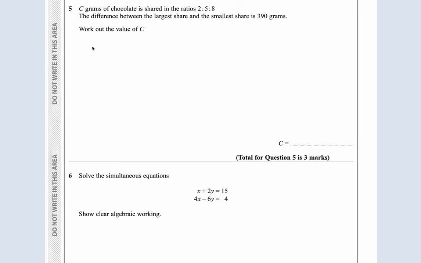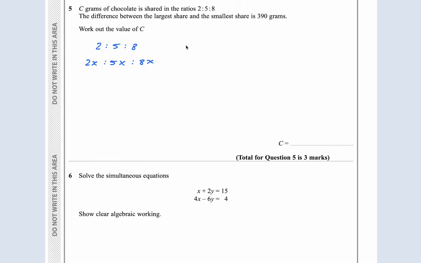Okay, so it's 2 to 5 to 8, but I don't know what to divide in this ratio. So why don't I call it 2x to 5x to 8x? And then 8x plus 5x plus 2x is the total, but I don't know what x is.